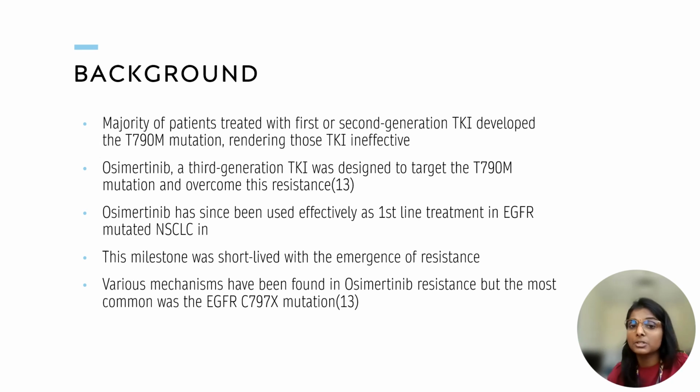Now, osimertinib, a third generation TKI, was designed to target this mutation and overcome the resistance, and since then it has been used effectively as the first-line treatment in this group of patients. However, this milestone was short-lived with the emergence of resistance in patients on osimertinib. Various mechanisms have been found in osimertinib resistance, but the most common was the EGFR C797X mutation.